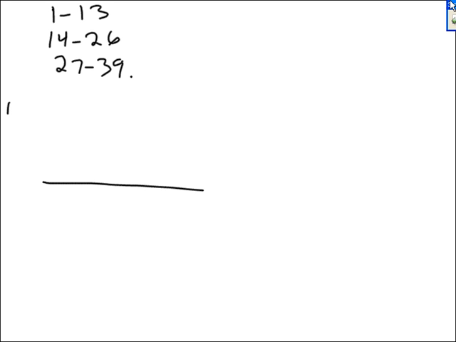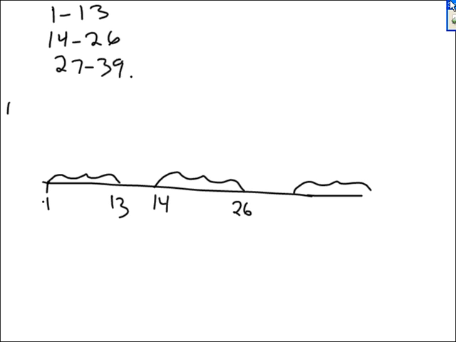Basically, here's a number line from 1 to 39. You have from 1 to 13, and you have from 14 to 26, and then you have from 27 to 39. Whether you want to draw every time what I just did or not, here's the logic behind it. There are class boundaries, so I'm about to write them down.